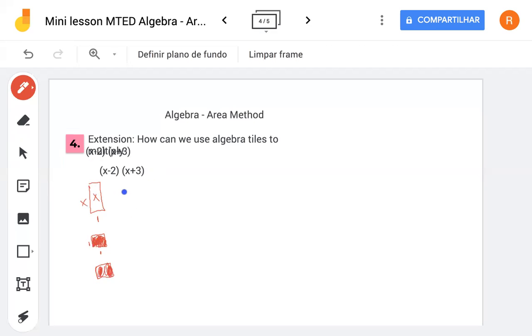Okay, on the top, we will do the same. I have this x and these 3 boxes represent the 3. So x plus 3.